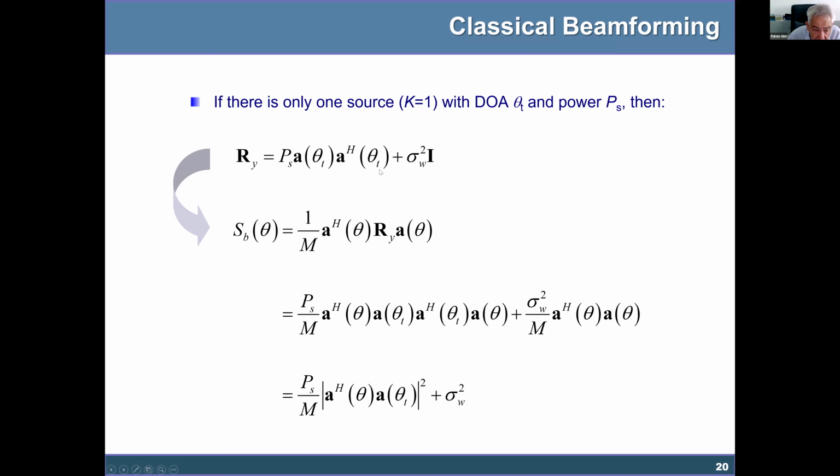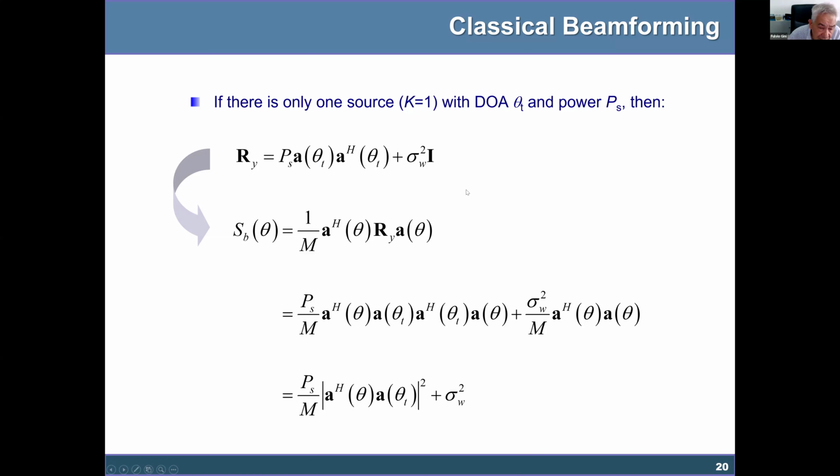So remember, point-like target, point-like source, sorry. It implies that the covariance matrix has rank 1. So this matrix has rank 1, plus the full-rank covariance matrix of the noise. And let's assume that the noise is white, so the covariance matrix is sigma_w squared times I.